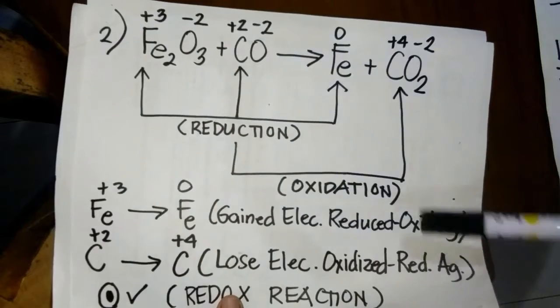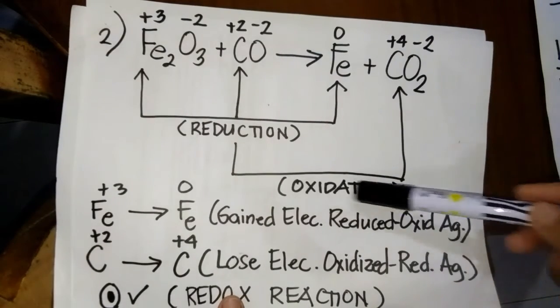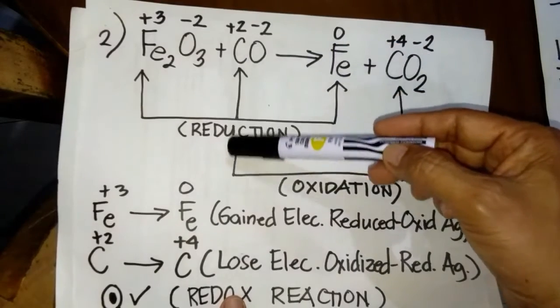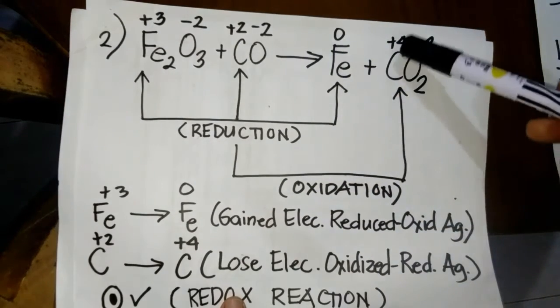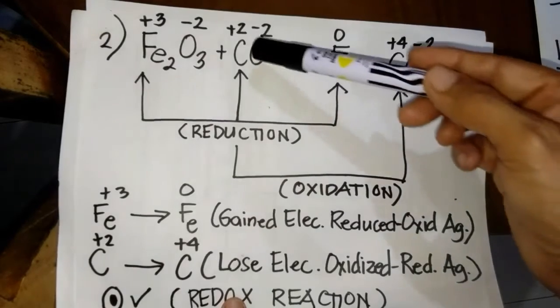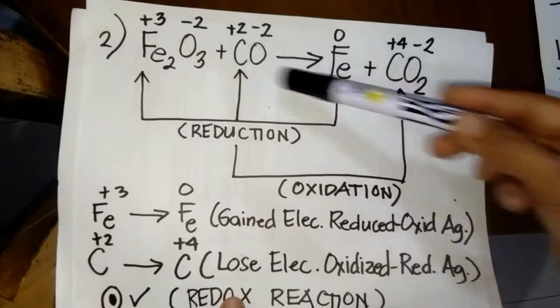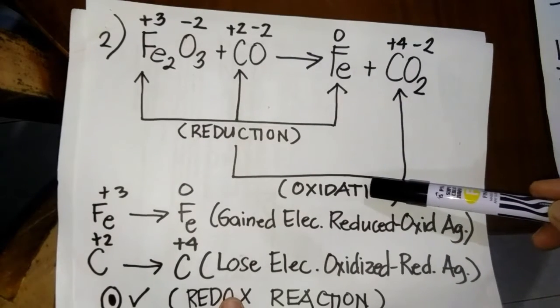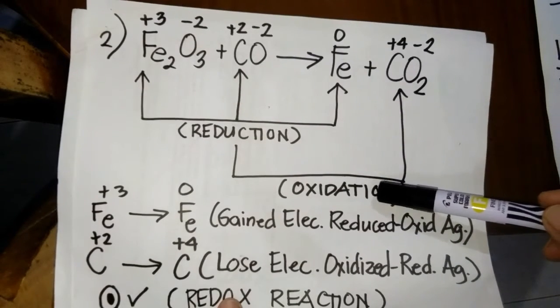The reducing agent should be the one that is oxidized. So from positive 2, we have the carbon, and another carbon in the product side becomes positive 4. So it becomes more positive from positive 2 to positive 4. So it is called oxidation, like I said earlier in the first example.